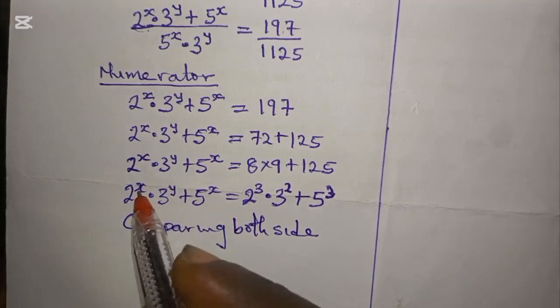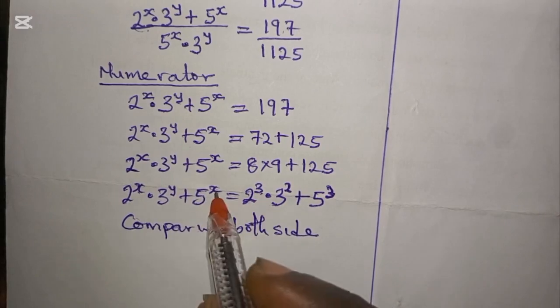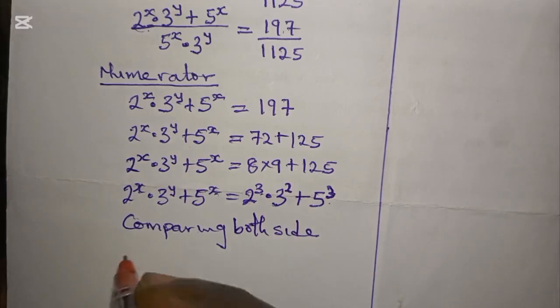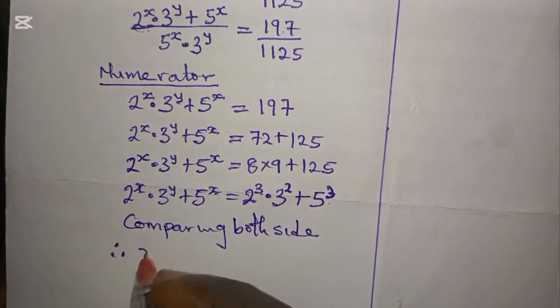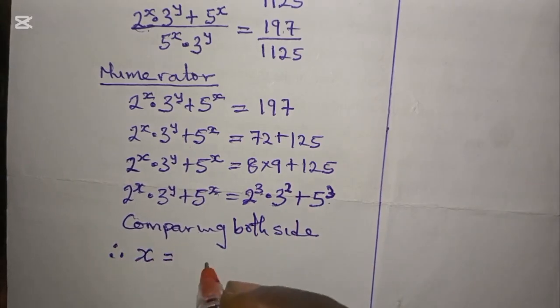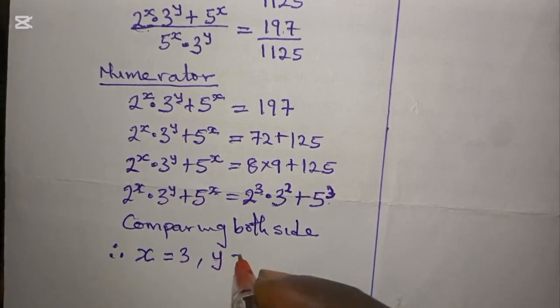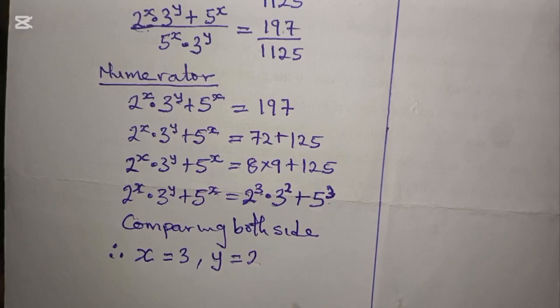So the value of x here is 3, and the value of y is 2. Therefore, our x is equal to 3, then y is equal to 2.